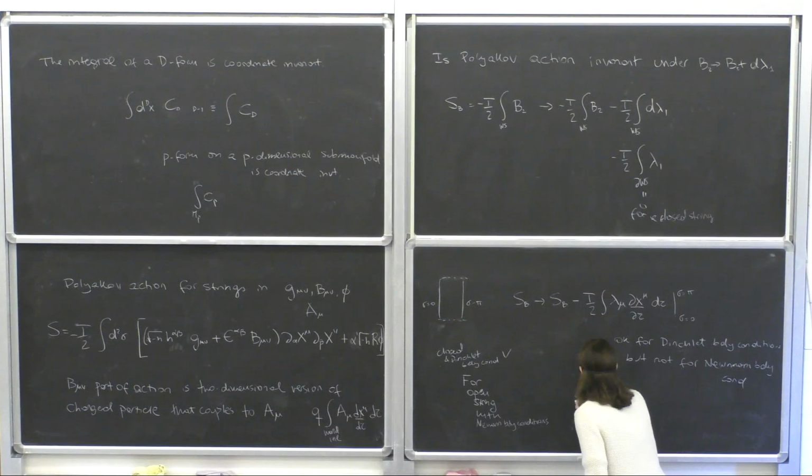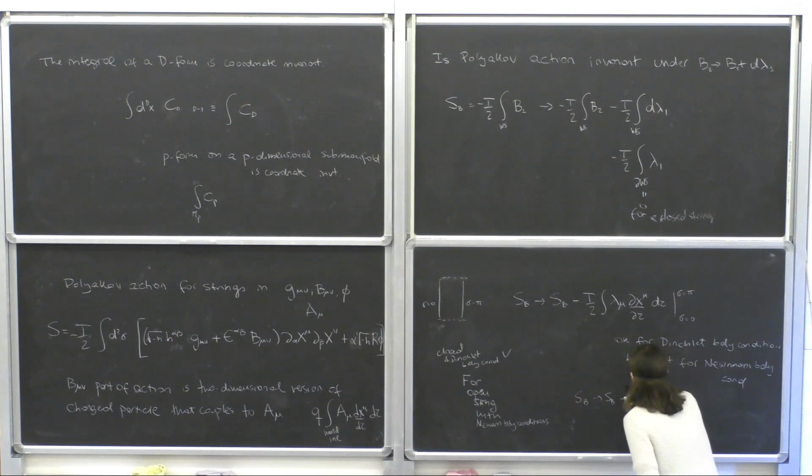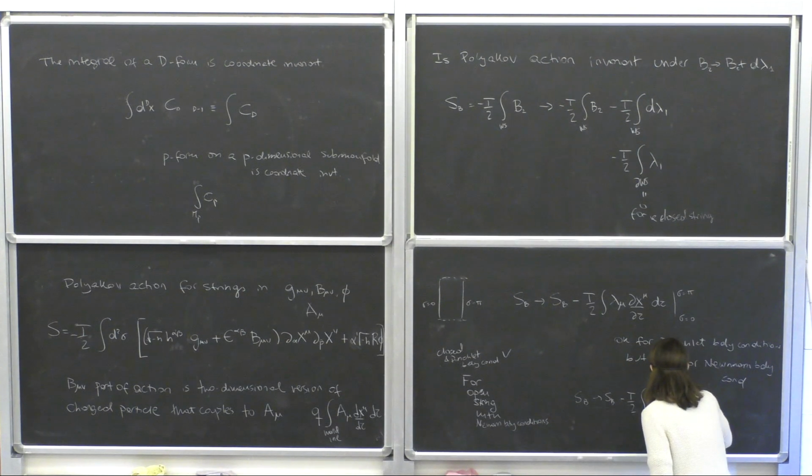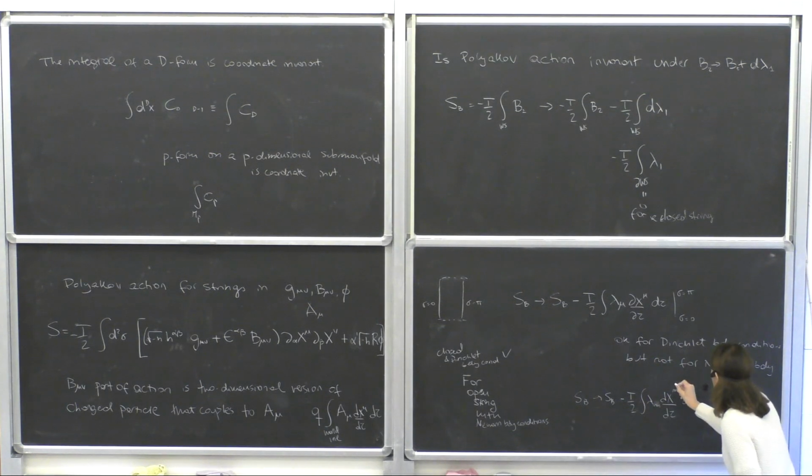I get that S_B goes to S_B minus T over 2 integral of lambda_M dx^M d tau, where M are the directions that have Neumann boundary conditions.